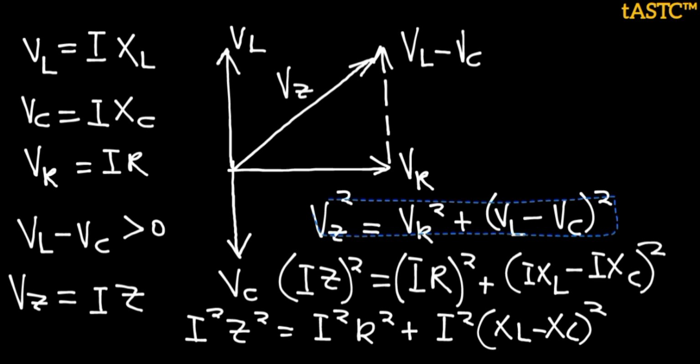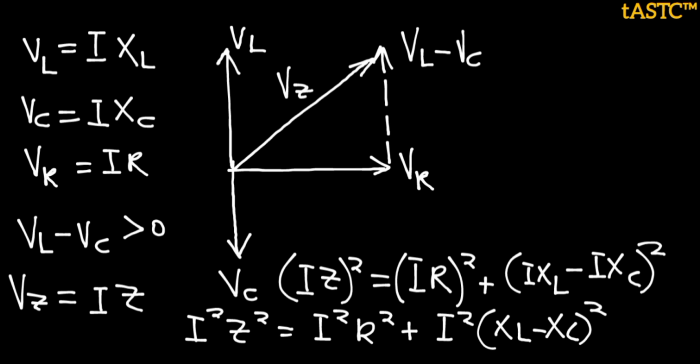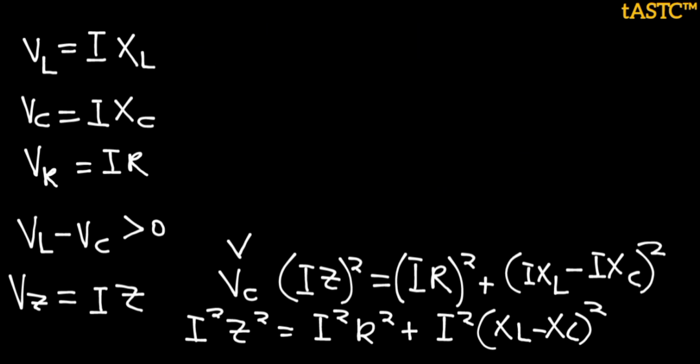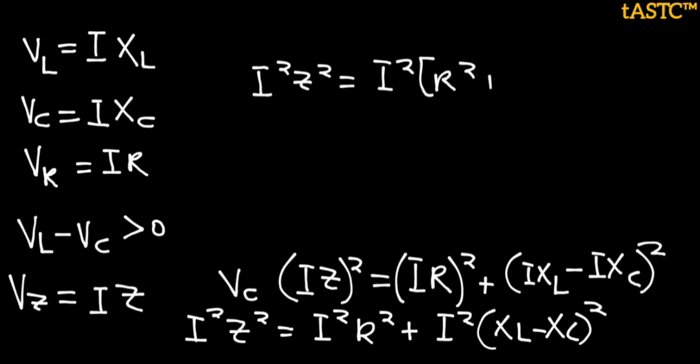So I'm going to take these out for now. So this is going to be I squared Z squared, and that is going to be equal to I squared multiplied by R squared plus X sub L minus X sub C, squared also.